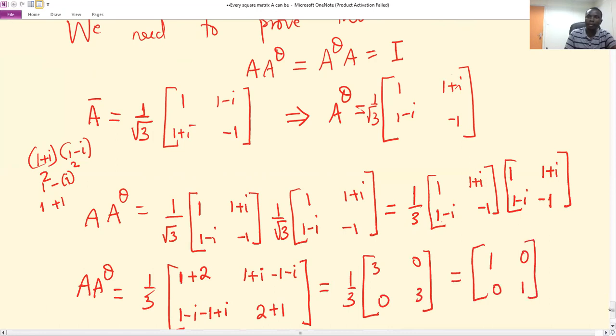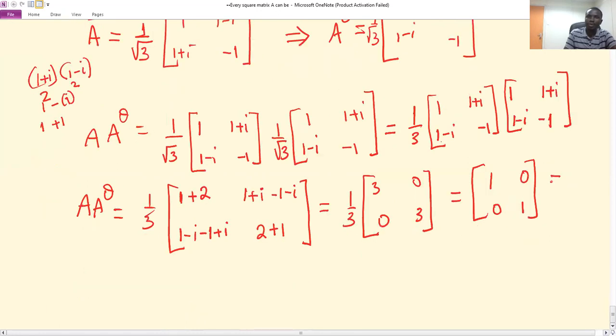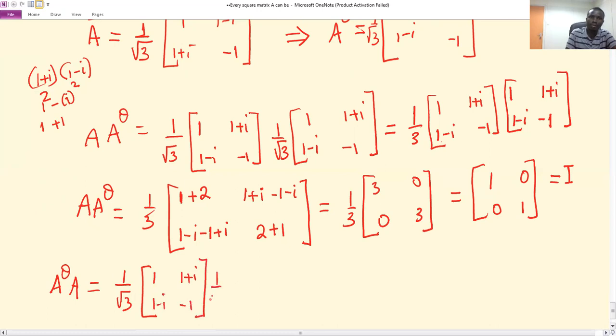So that's one way. The other way is to show that A power theta times A can also reduce to the identity matrix. So we'll have 1 over root 3, this is 1 plus i, 1 minus i, minus 1 times 1 over root 3 into 1 plus i, 1 minus i, minus 1.